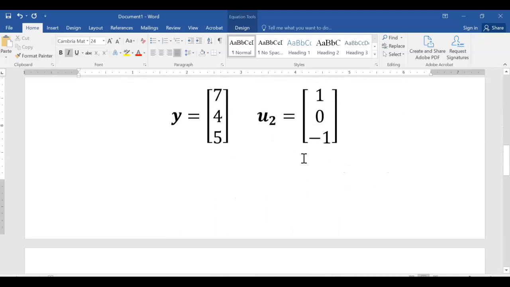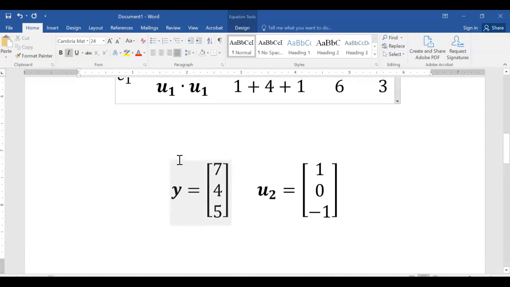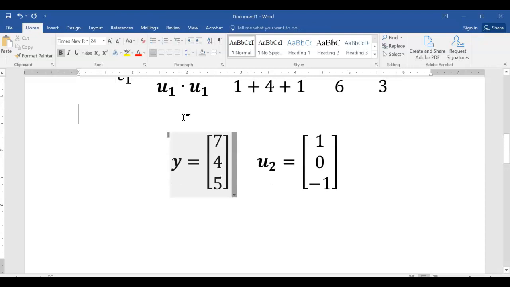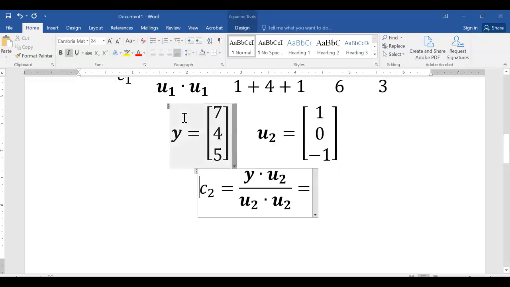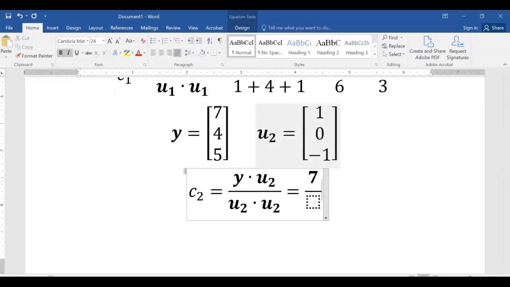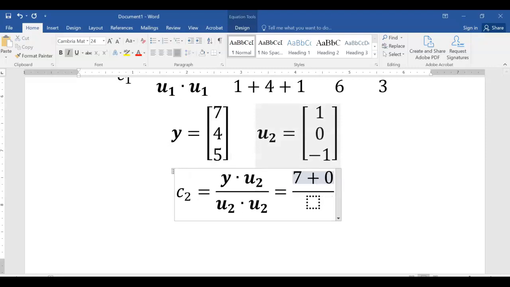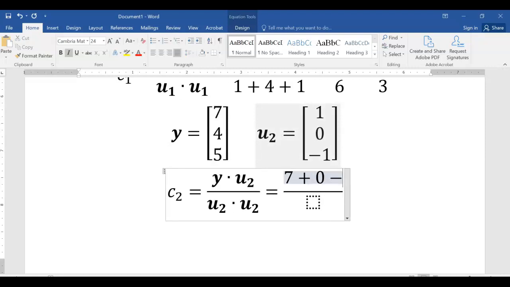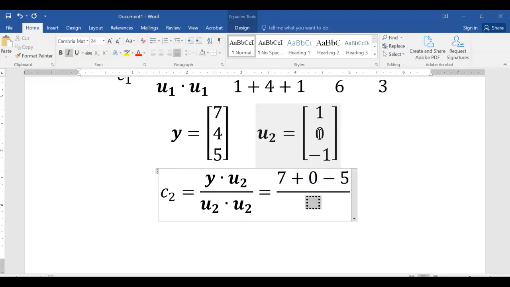Now, if you do the same thing for u2, we can find the coefficient, inner product y with u2. 7 times 1 is 7. 4 times 0 is 0. 5 times negative 1 is negative 5.